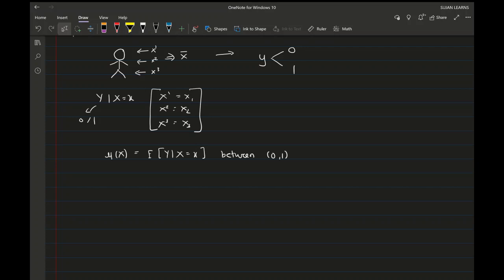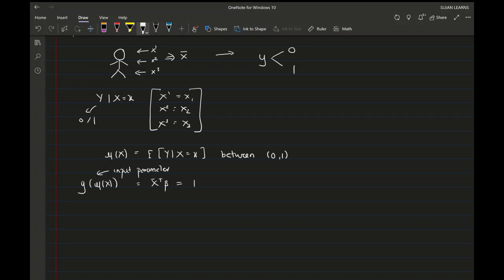For that what we need is a function called g, which takes this mu x as an input parameter and produces a real number.